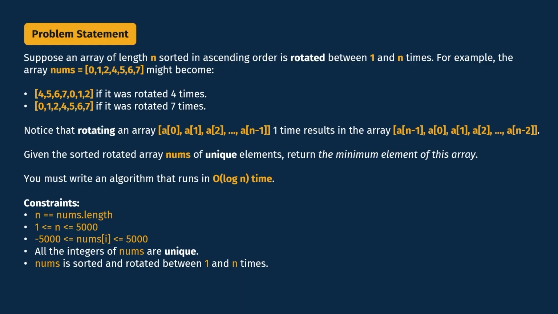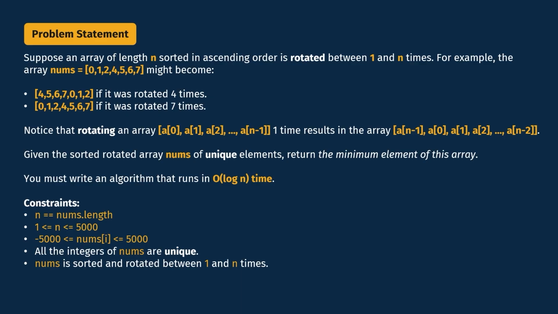We are given an array of length n that was originally sorted in ascending order, but then it was rotated between 1 and n times. For instance, suppose we start with our array nums with the values 0, 1, 2, 4, 5, 6, 7. Depending on how many times it is rotated, the array could take on several different forms.